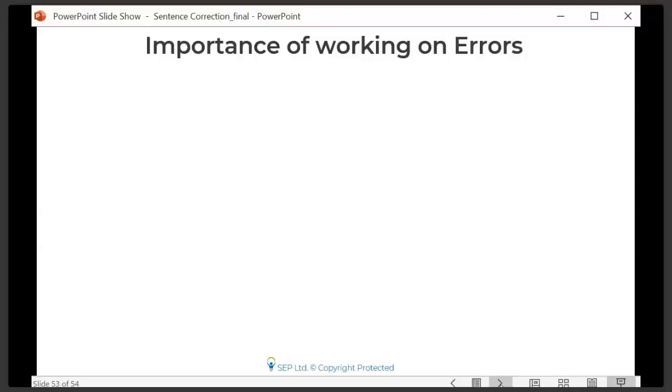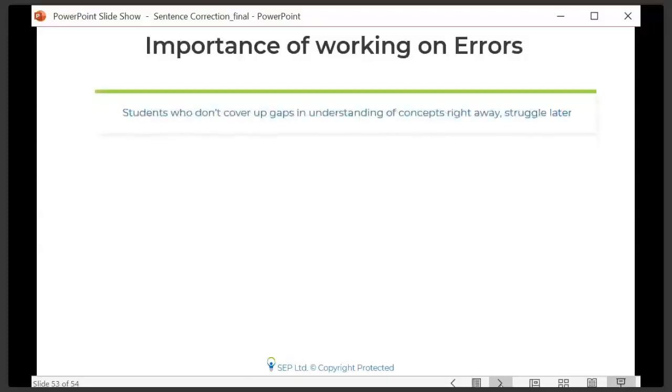In fact, it might be too late for you to understand those errors. So if you do not cover the gaps in understanding of the concepts right away, you will struggle later on. Many times students ignore the gaps that are left even after going through the concepts, and they keep proceeding to the advanced concepts and solving questions. They think that solving questions is important, but that's not the point.